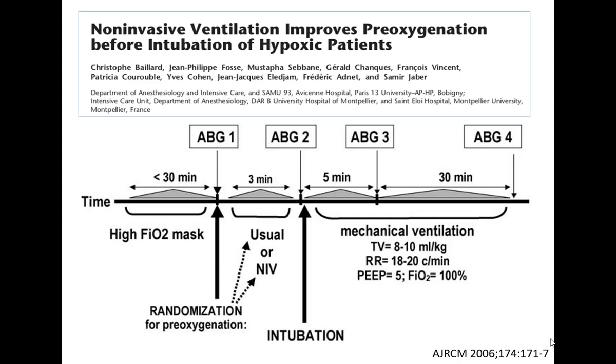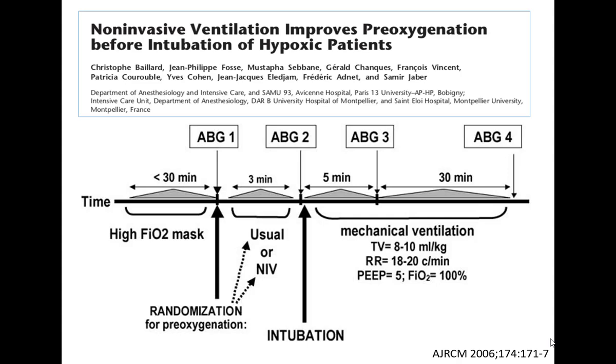And immediately after that, this paper came out from Samir Jaber's unit. So instead of the usual pre-oxygenation, they divided the patients in 2 groups. Okay, so the patients got high FiO2 by mask for half an hour. Then they randomized the patient to the usual method versus spontaneous breathing.